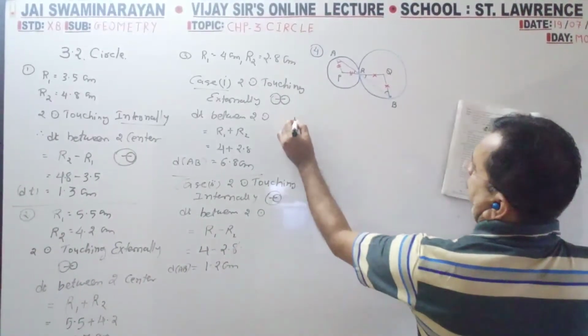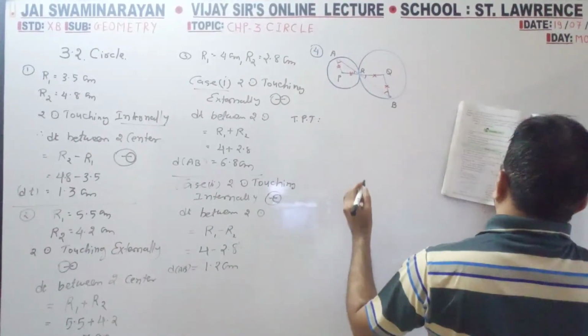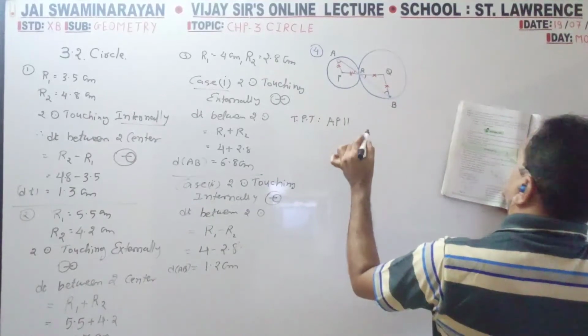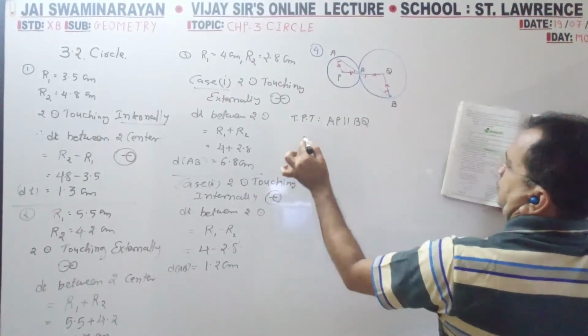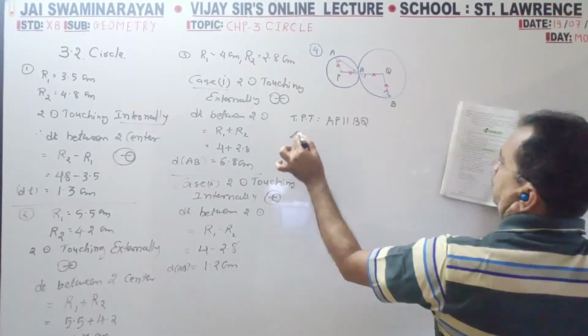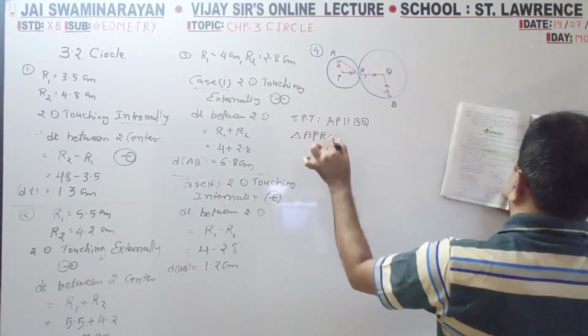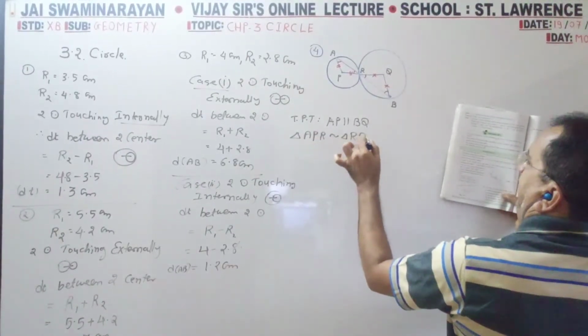What to prove? To prove that AP is parallel to BQ. Second, to prove angle APR congruent angle RQB.